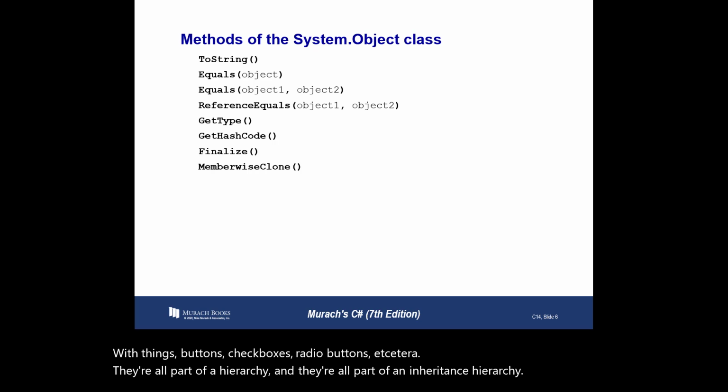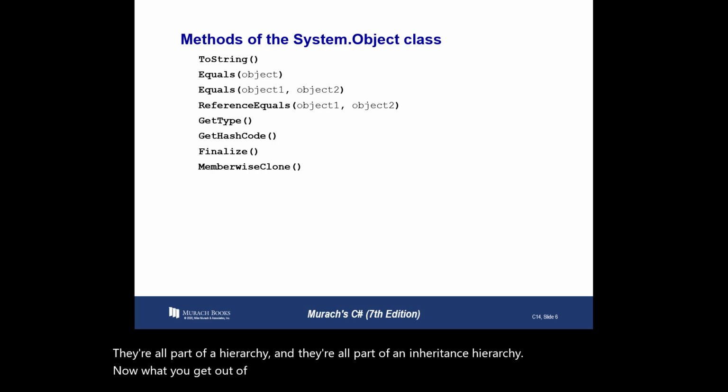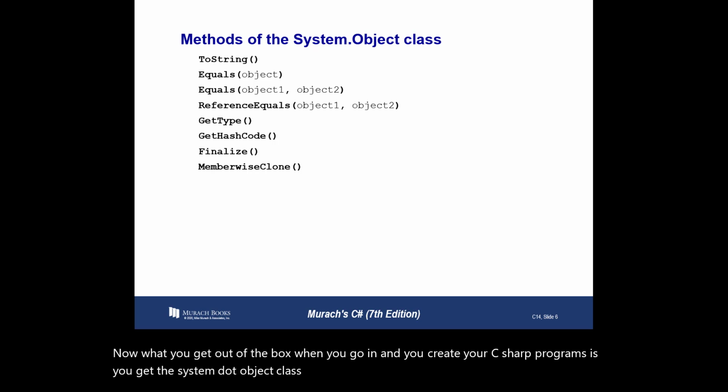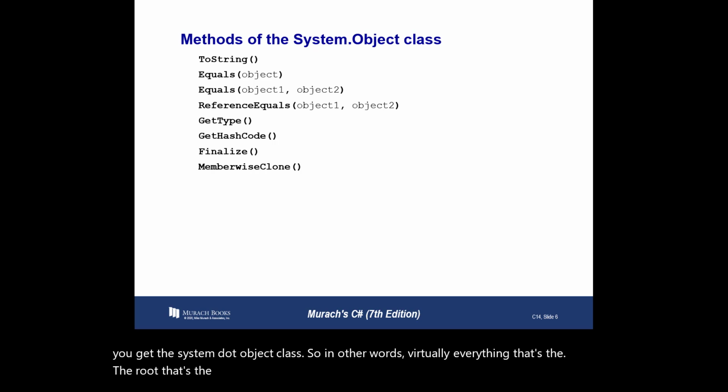What you get out of the box when you create your C# programs is the System.Object class. So virtually everything descends from it: that's the root, the top, the parent, grandparent, great-grandparent, great-great-grandparent, etc. of everything.